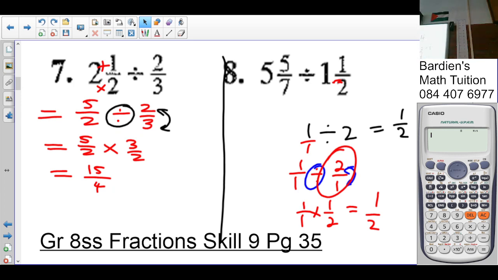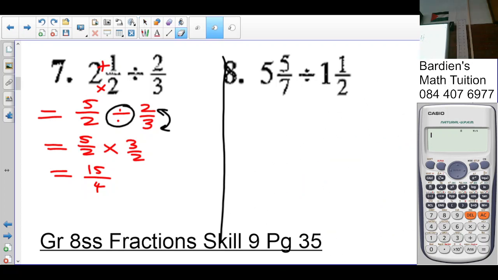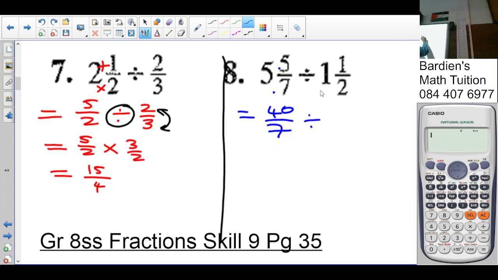Okay, so let's look at number 8 quickly. So what happens here? We must first convert to improper fractions. So it's going to be 35 plus 5 is 40. So it's 40 over 7 divided by 2 times 1 is 2 plus 1 is 3 over 3.